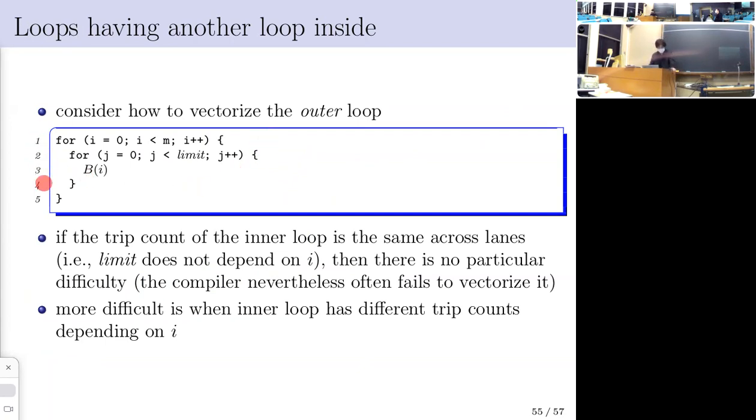So a typical situation is like this. You have an outer loop and an inner loop, and you want to vectorize the outer loop. So you want to execute I plus 1, I plus 2, until I plus L minus 1 of this outer loop.